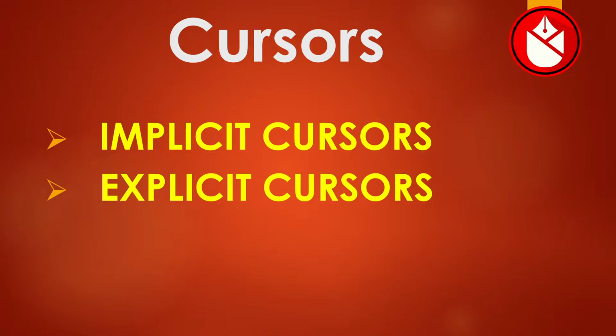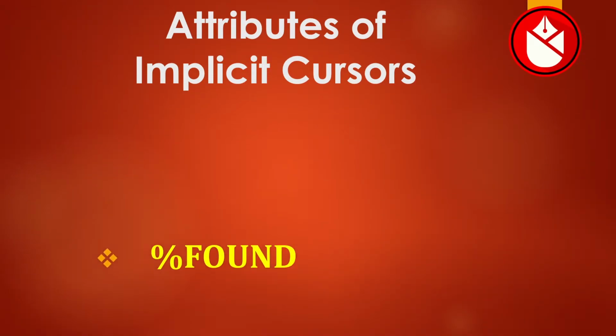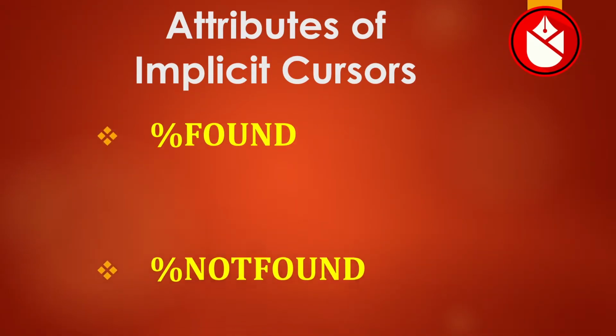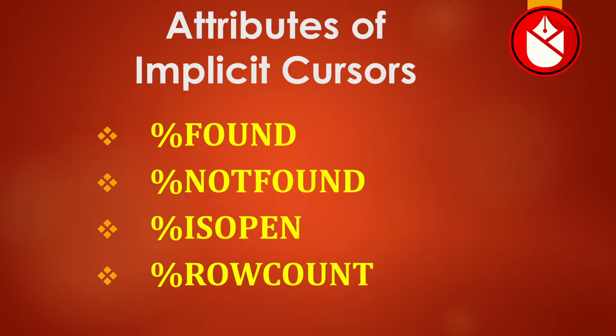So, what are the attributes of the SQL implicit cursor? The first one is %FOUND, the second is %NOTFOUND, the third is %ISOPEN, and the fourth is %ROWCOUNT. Each and every attribute starts with the percentage sign. So what is %FOUND?